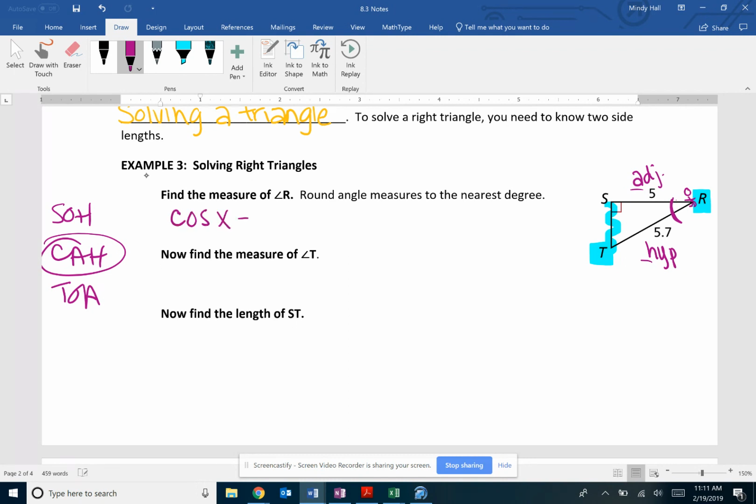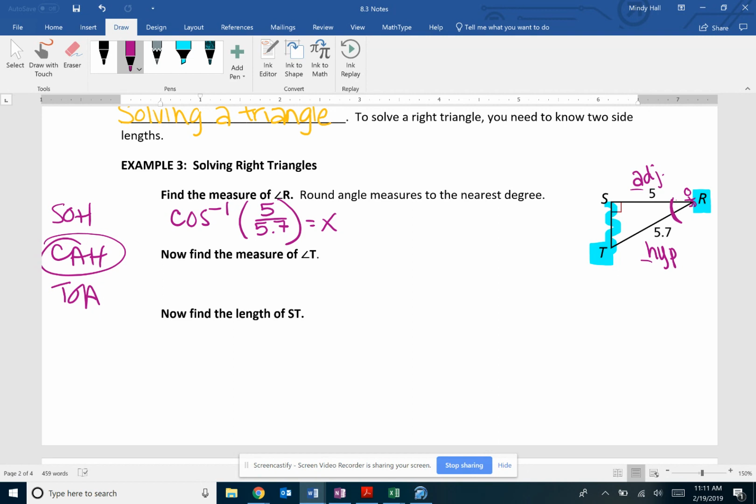So we would have cosine of x equals adjacent over 5.7, right? But oh no, we don't know our angle measure, and that's what we need. So that's your hint right there that you're going to use the inverse. And notice all you really do is you erase the x, and you put it on the other side.